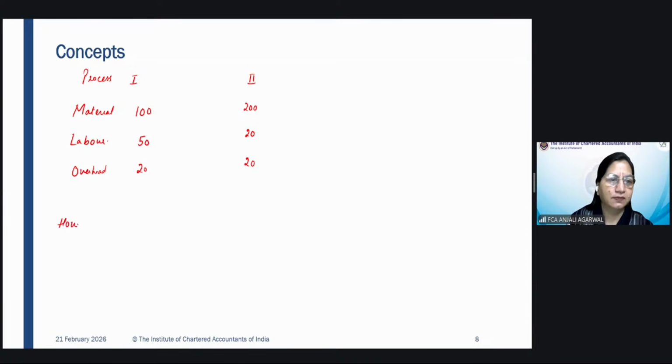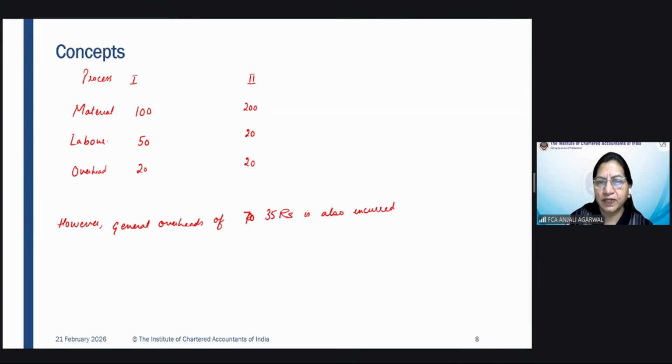However, general overheads of 35 rupees are also incurred.